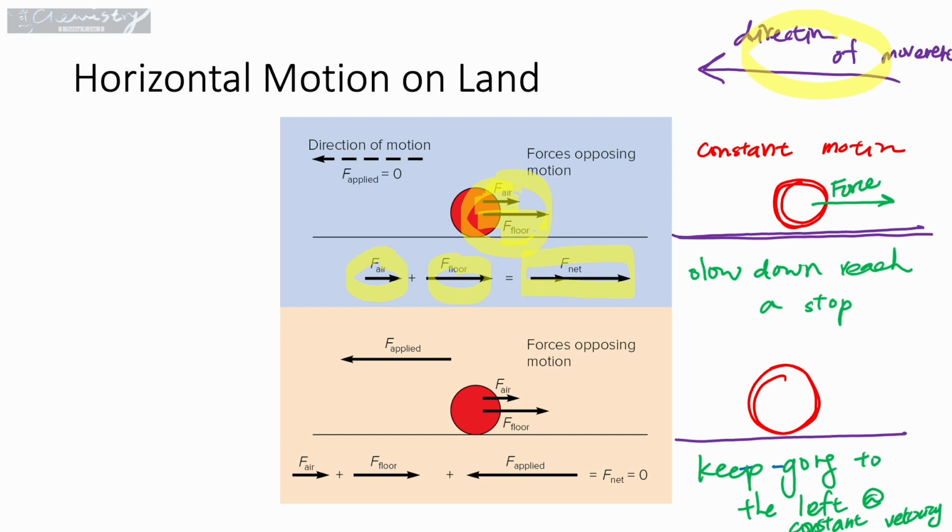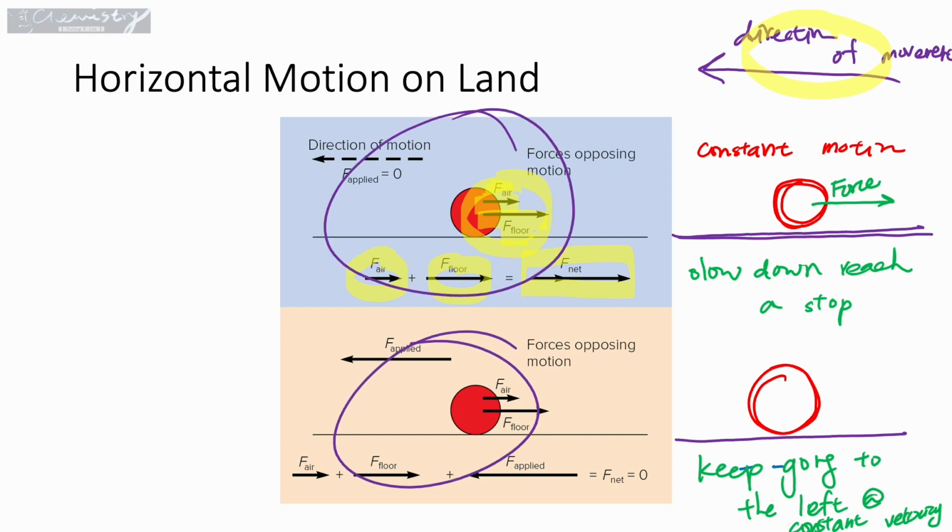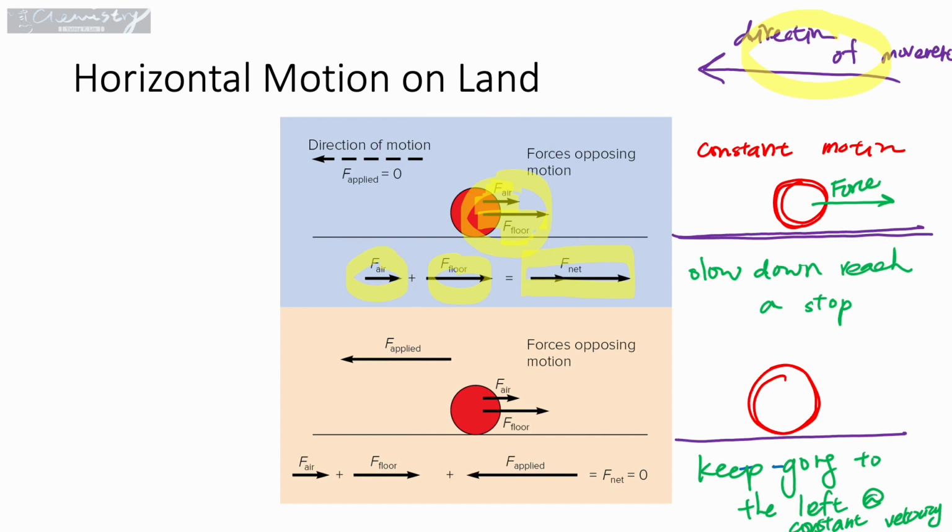And you can imagine that we have a third case. So if we have a third case where we are again rolling the ball, which I'm not going to draw again, I'm just going to modify this one. We're rolling the ball, and we experience air resistance as well as floor friction.